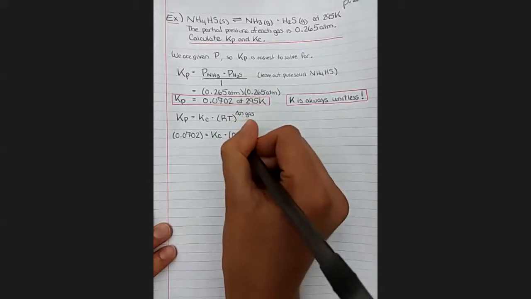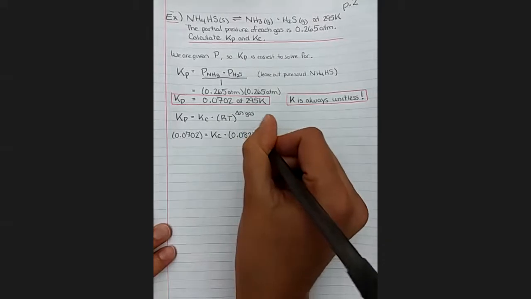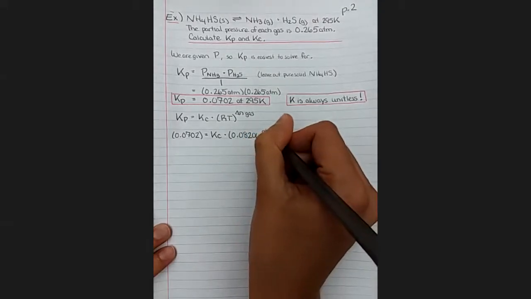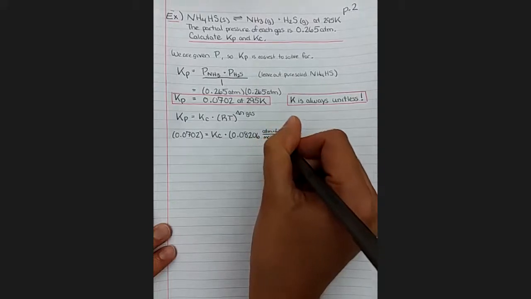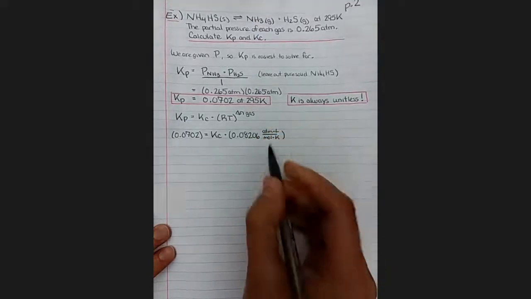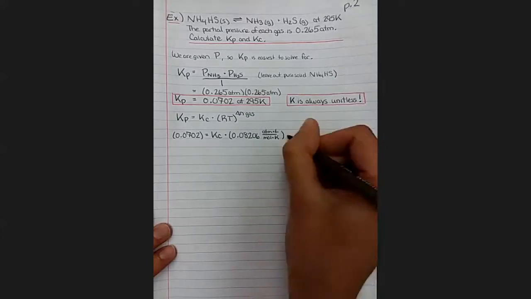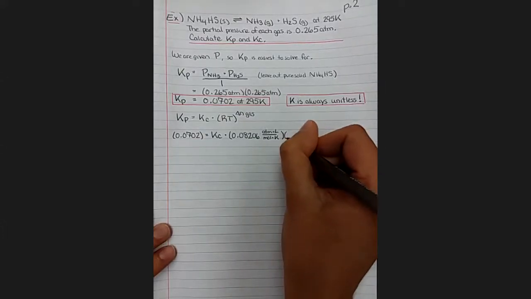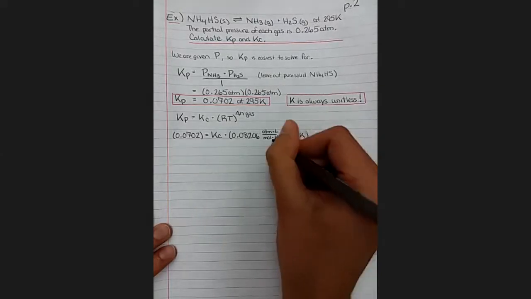We can plug in our R constant, and we want to use this one, 0.0821, the one that's in atmosphere liter per mole Kelvin. We always want to choose that one because this is the one we use for the gas law because it has a pressure unit in it. And we're going to multiply that by the temperature, 295 Kelvin.